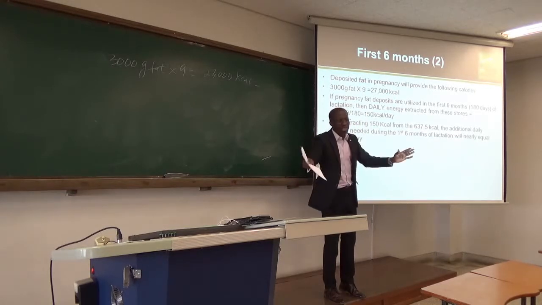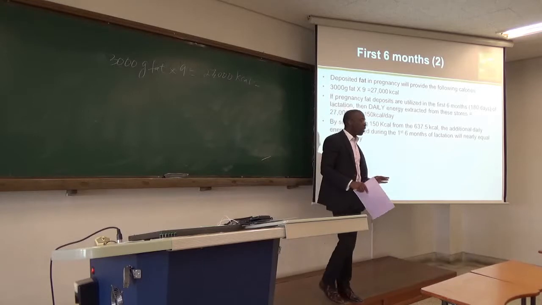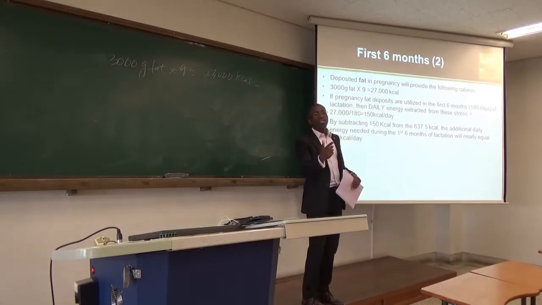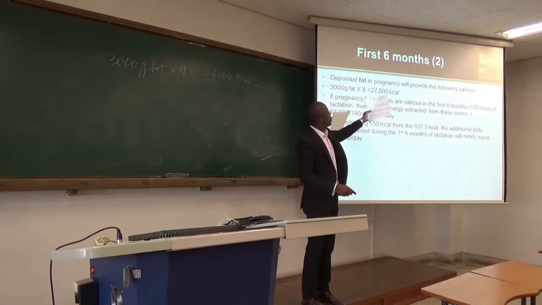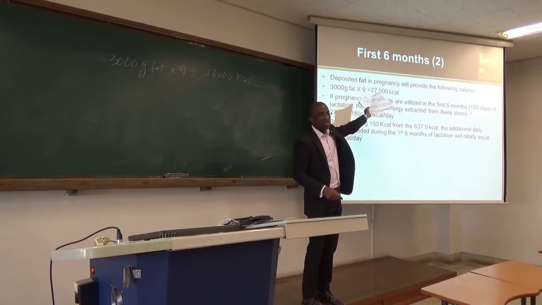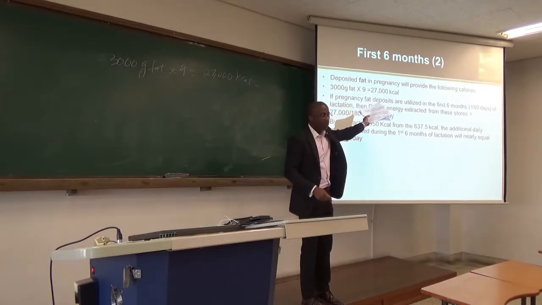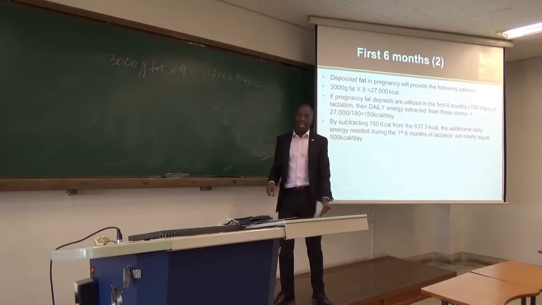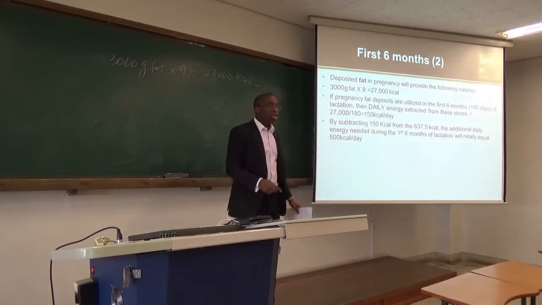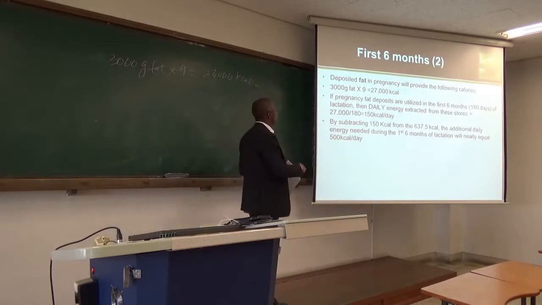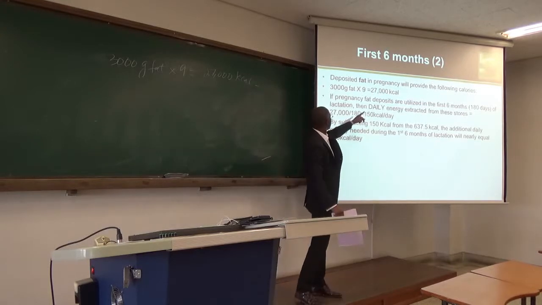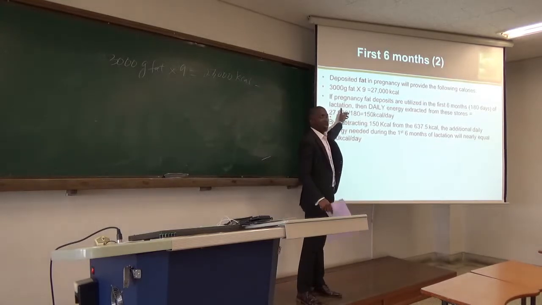Let's just say 30, let's not worry about it. 1 month is 30 days, and we're talking about 6 months. So how many days? 180 days. So we're going to do our calculation for 180 days of lactation.